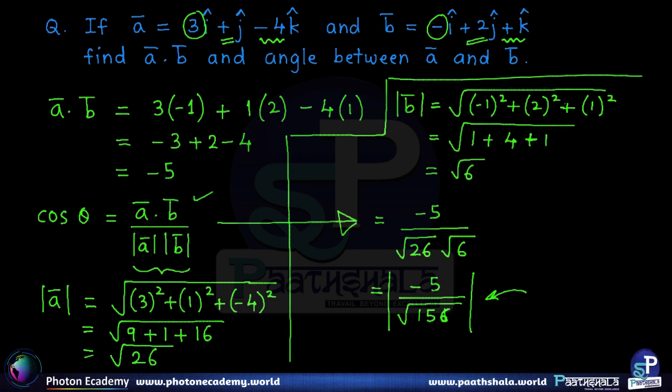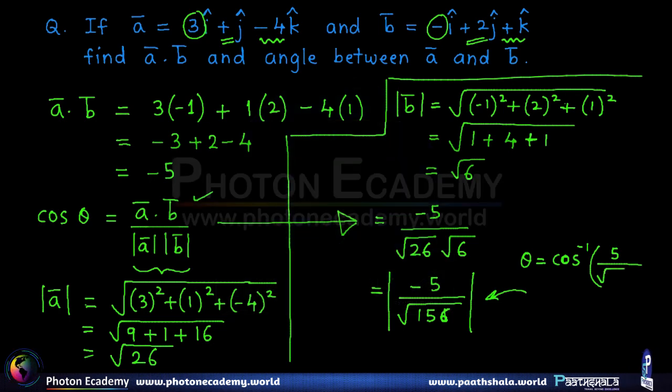It is sufficient to write theta is equal to cos inverse. Cos inverse means it is that angle whose cos is this particular specified number. So that's the way to calculate the scalar product as well as the angle between any two given vectors.